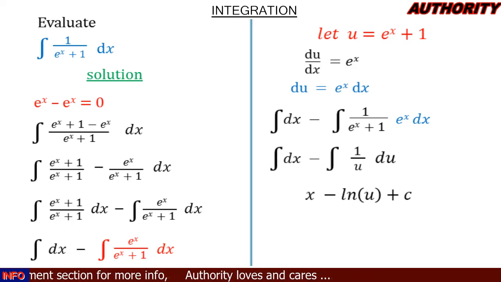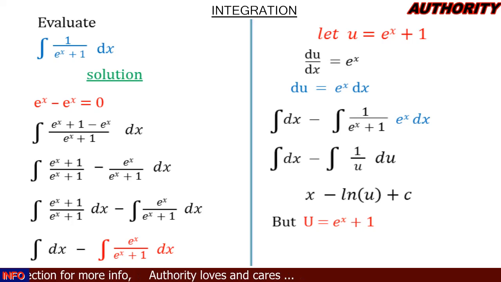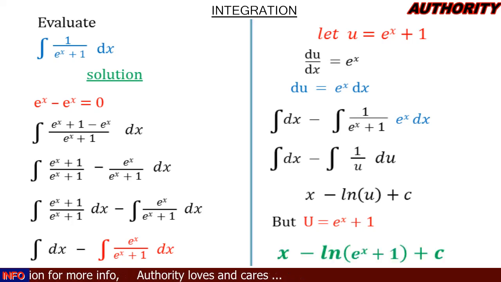We have plus c. But you recall that u is e to the power of x plus 1. Let's replace back. That means we're going to have x minus ln of (e to the power of x plus 1) plus c. All right? Here we have solved, and we obtain that the integral of 1 all over e to the power of x plus 1 dx is equal to x minus ln of (e to the power of x plus 1) plus c.